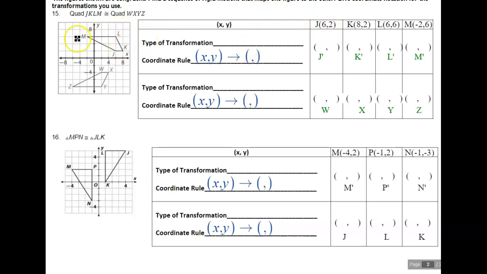So if I want to move, let's say, K, because of corresponding locations, that's going to have to map to X. So K is right here, and we need to get that to be right here. So first thing we probably need to do is reflect it.